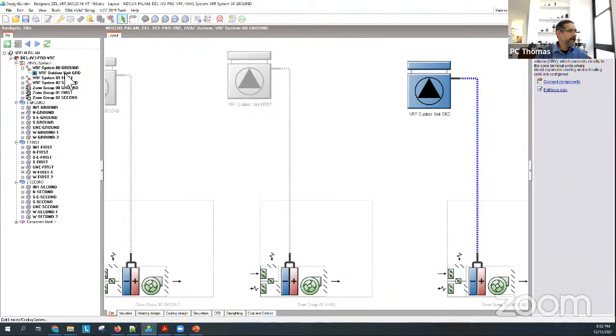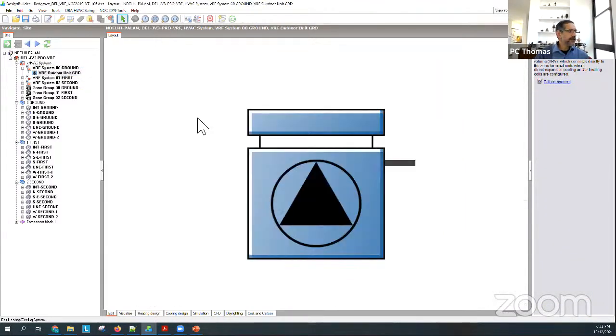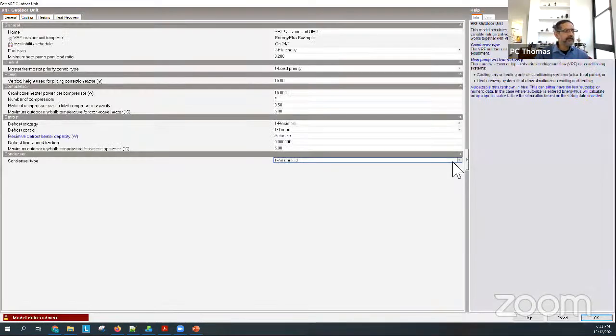If I go to the unit itself, I can edit this component, and there's a number of things here about the unit. Most of the defaults for the unit are fine. It's based on a Daikin unit. It's the product of a couple of PhDs that the EnergyPlus guys did.